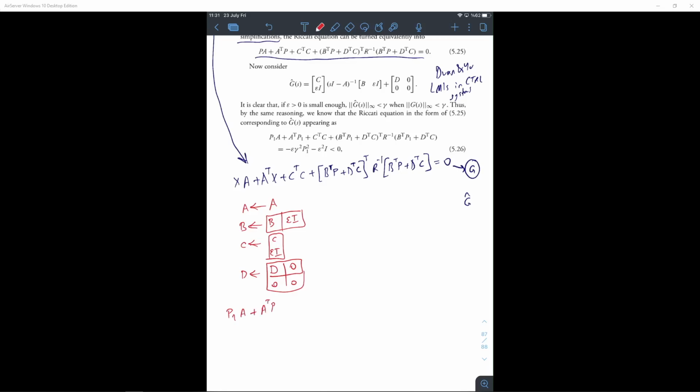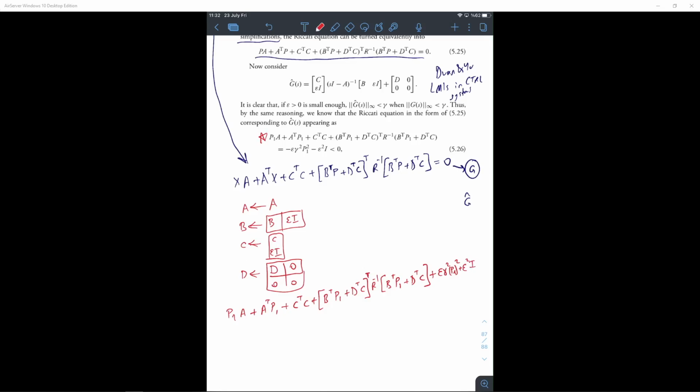Okay, A transpose P1, I'm just writing it like this, plus C transpose C plus (B transpose P1 plus D transpose C) transpose R inverse (B transpose P1 plus D transpose C), and plus epsilon gamma square P1 square plus epsilon square identity. And you're like, where did it come from?